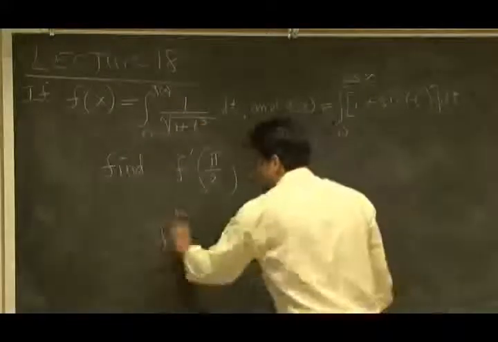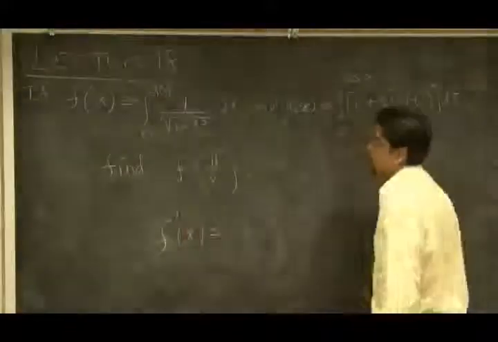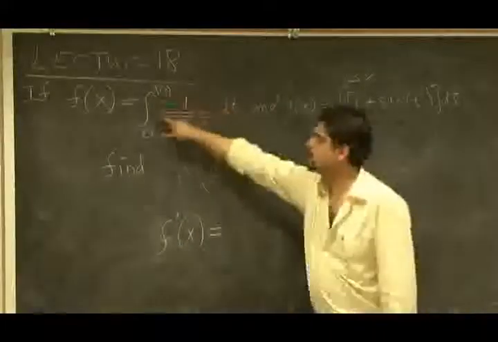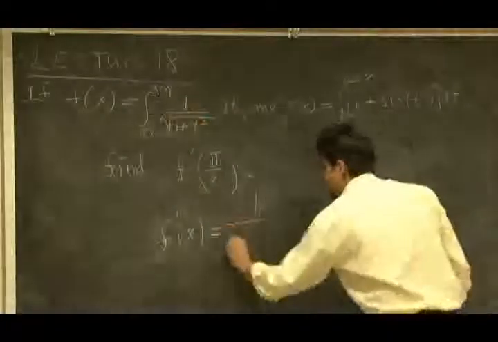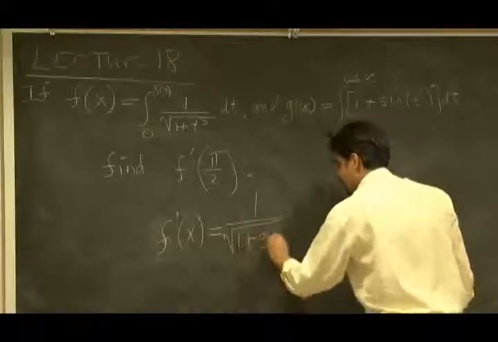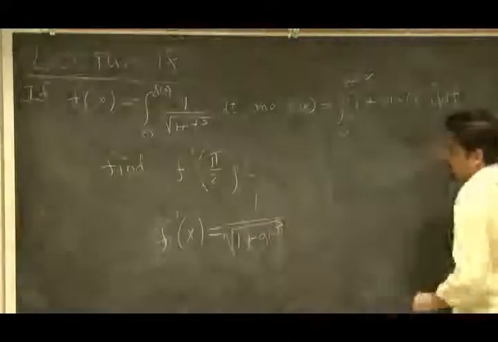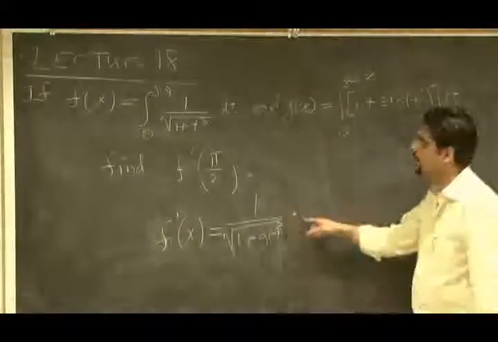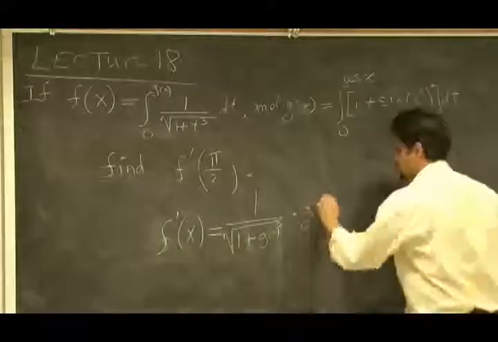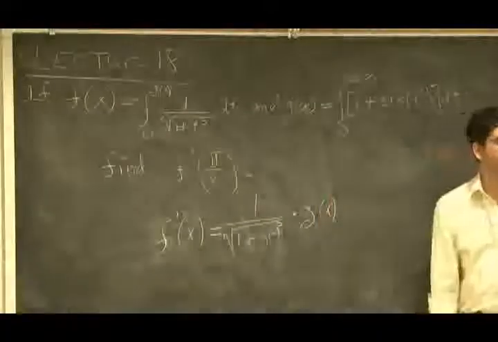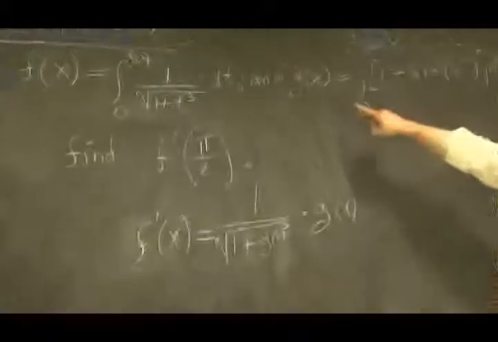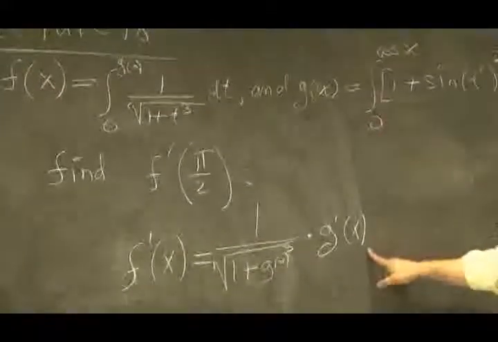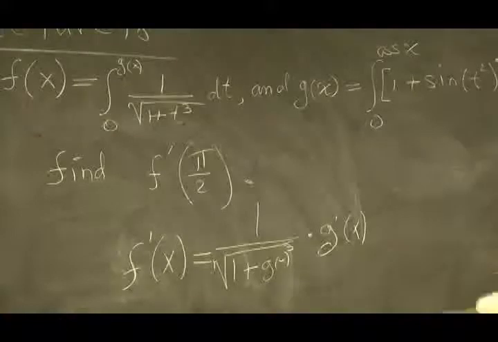So f prime of x will be the integrand evaluated at g, times the derivative of the inner function, which is g prime of x. Is that clear? Okay. We know what g of x is, so we can calculate g prime of x. Okay, so let's put this aside for now.